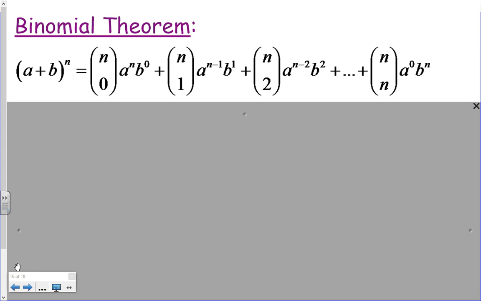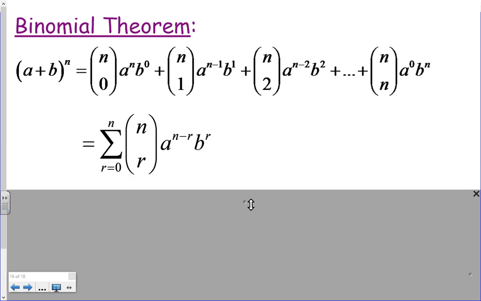It's n choose 0 times a to the n, b to the 0, plus n choose 1, a to the n minus 1, b to the first, plus n choose 2, a to the n minus 2, b to the second, and so forth, all the way up to n choose n times a to the 0, b to the n. Or if you want to write that as a summation or sigma notation, this is what that would look like.